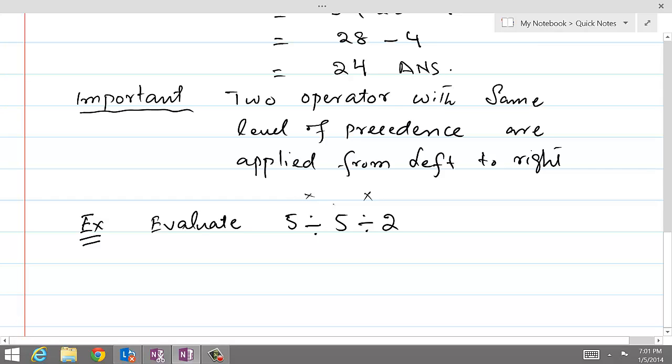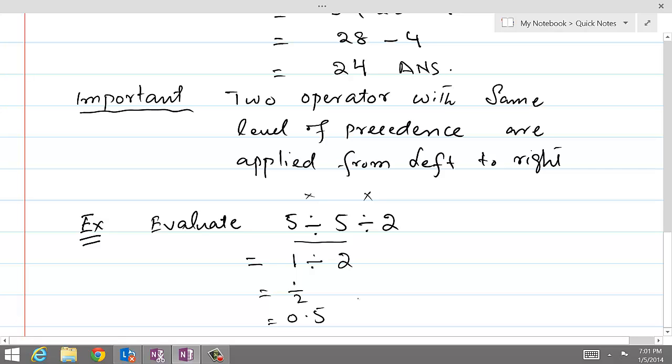Obviously, in this case, both are at the same level of precedence. So now you are going to apply from left to right. So this time 5 divided by 5 will be applied first. 5 divided by 5 will be 1. Then divided by 2, and this will give you 1 over 2, or the answer will be 0.5.